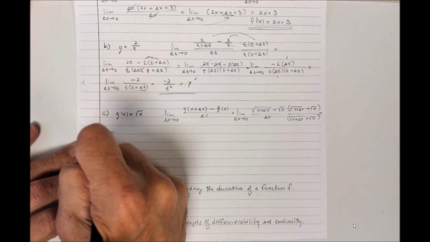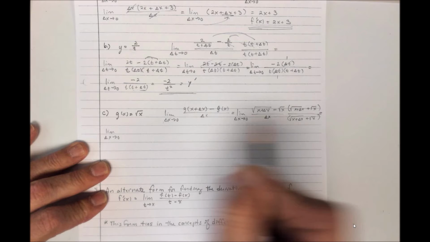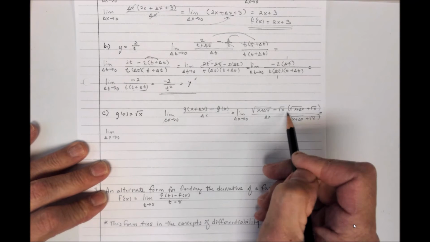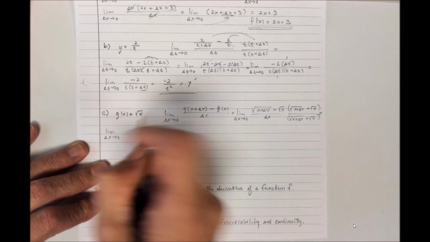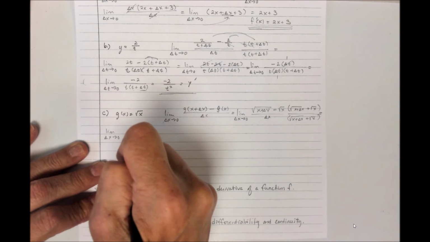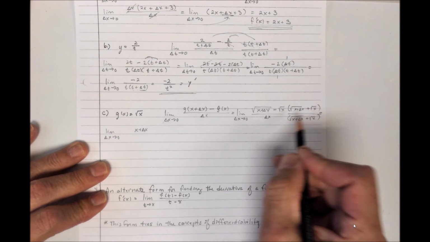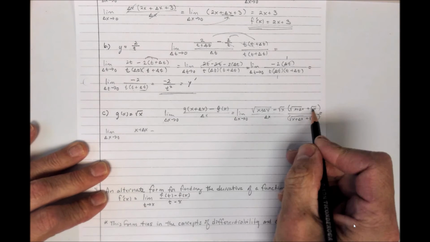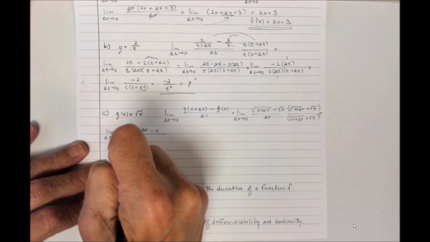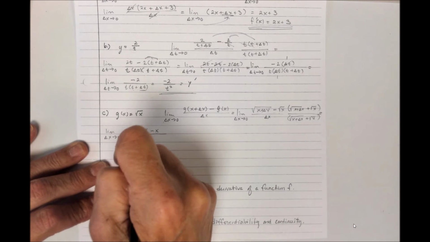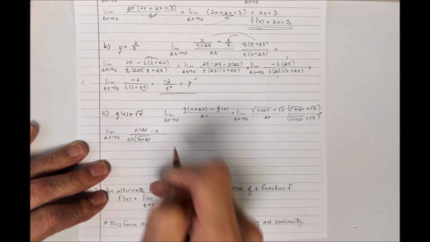The limit as delta x goes to 0. Now here I'm going to do FOIL, but the outer and the inner are going to cancel because these are conjugates. And I just get this times this, which is x plus delta x, minus this times this, which is just x, all over delta x times the quantity of the square root of x plus delta x plus the square root of x.